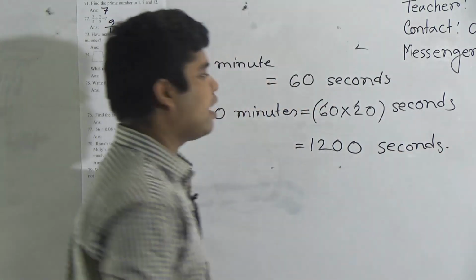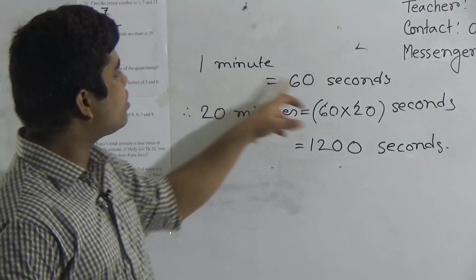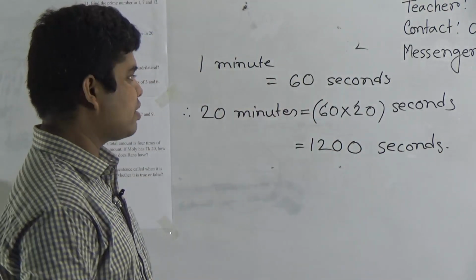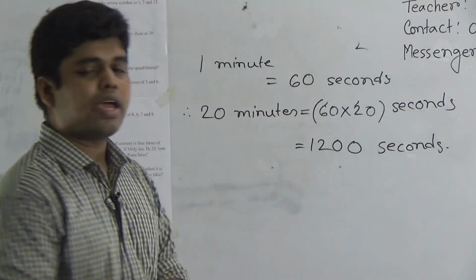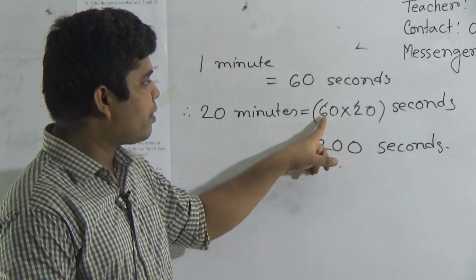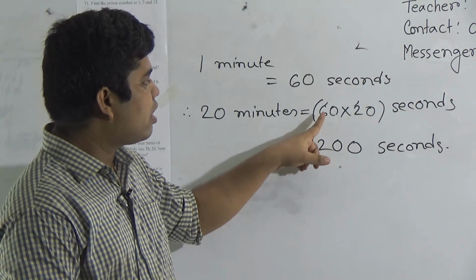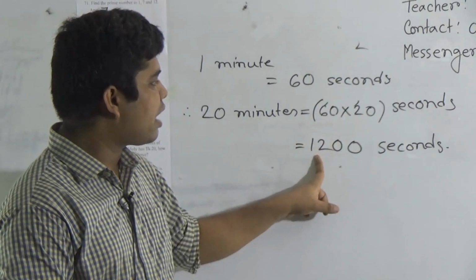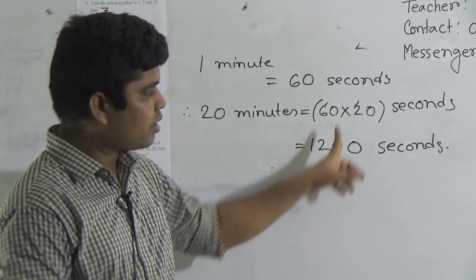Dear students, I repeat, 1 minute equals 60 seconds. So 20 minutes equals how many seconds? For this reason, we multiply 60 with 20 and we get the answer. Here we use the easy multiplication method. First of all, we multiply the numbers 6 and 2. 6 2s are 12. After that we notice how many zeros are there, 1 and 2.